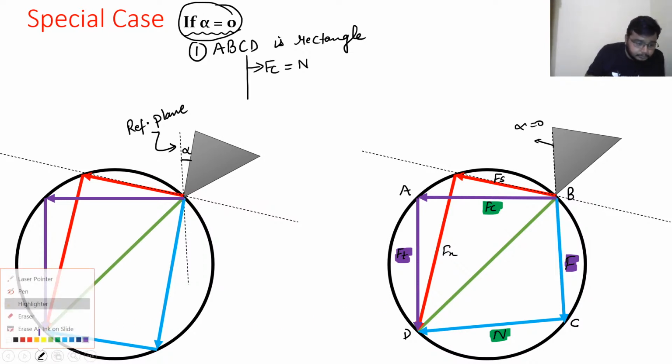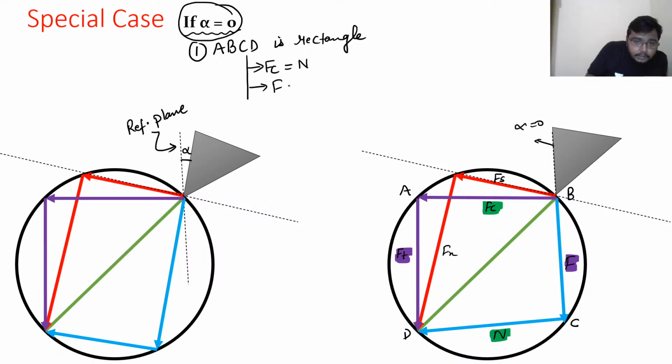So this is the thing that we have got. If alpha is equal to 0, then this thing we are getting, right? Next point what we are getting is FC is perpendicular to F.